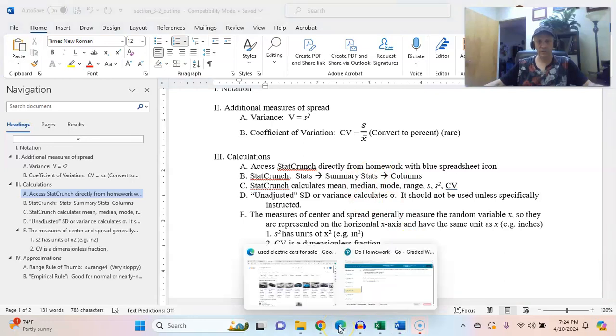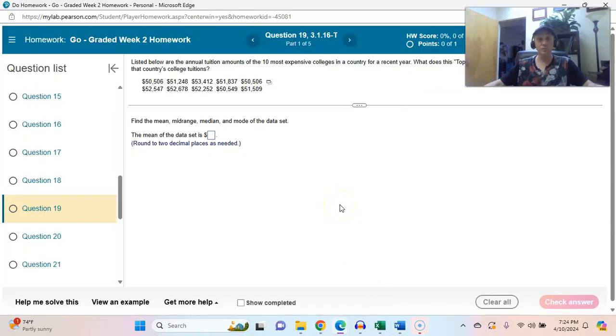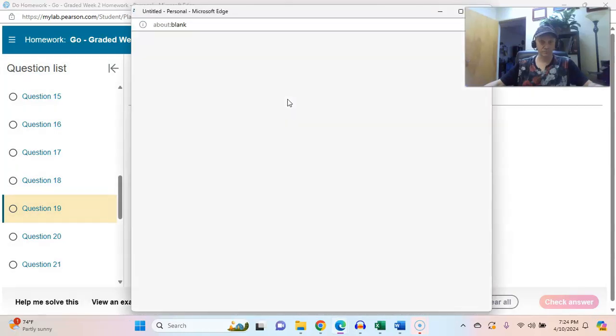All right, so over here I have homework set 2 open. And here's a list of numbers. This happens to be question 19. If you look really carefully, you see this blue spreadsheet icon. That indicates that if you click on it, you can open this data in StatCrunch.